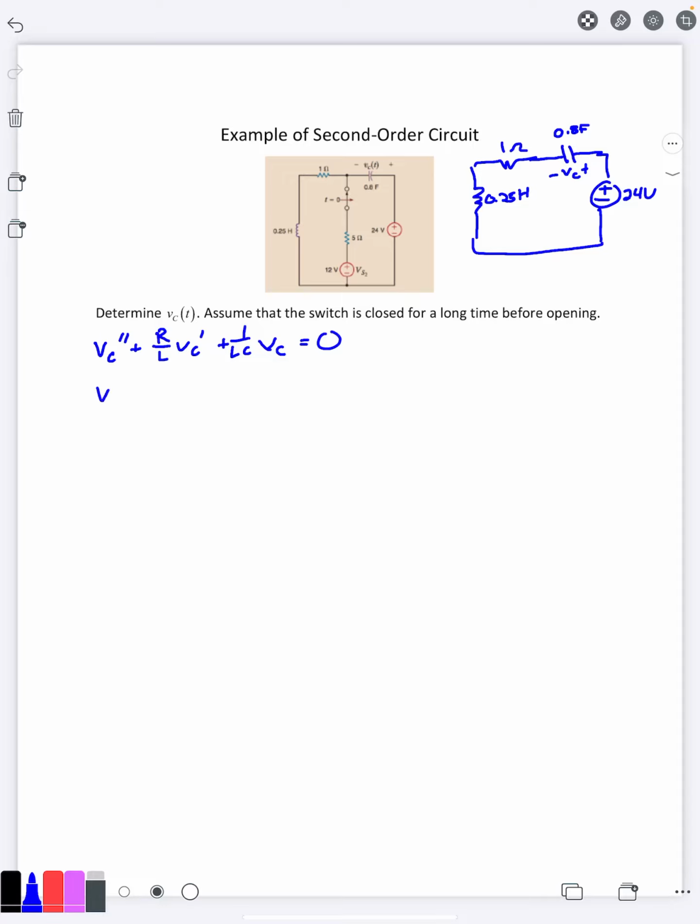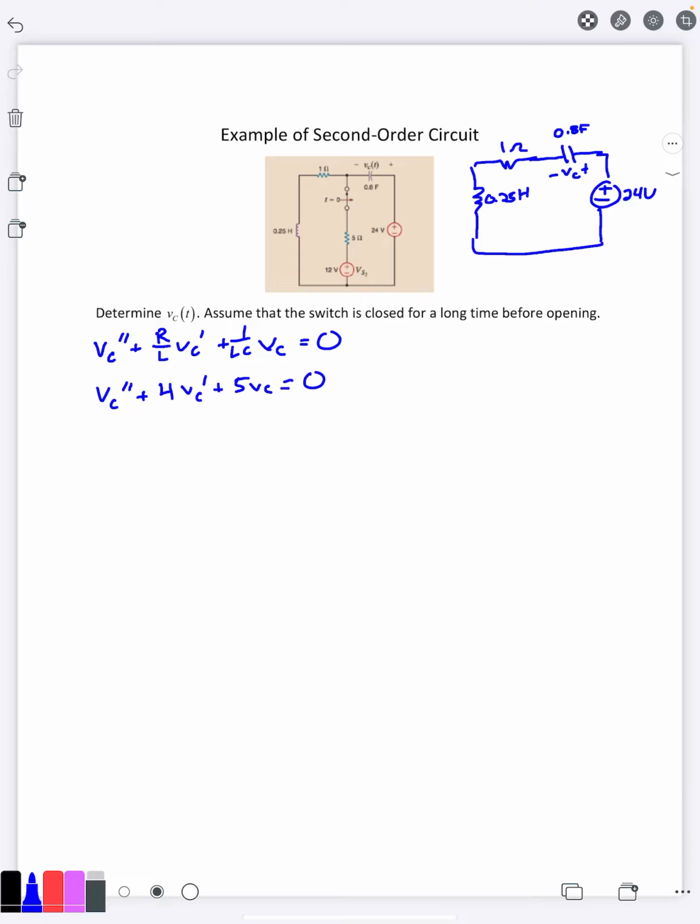So in this case, we have an R value of 1 and an L of 0.25. 1 over 0.25 is going to be 4. And then L times C, 0.25 times 0.8, is 0.2. Divide by that, you're going to get 5 VC.